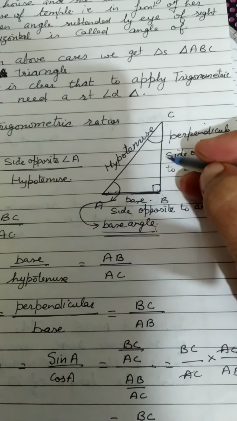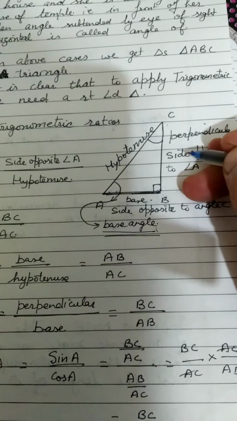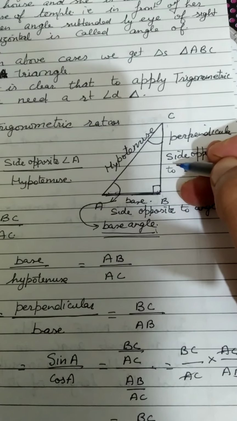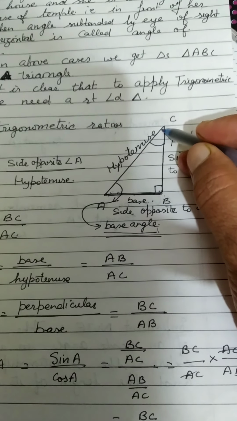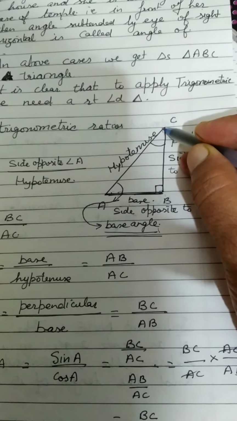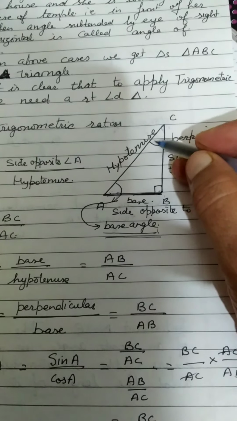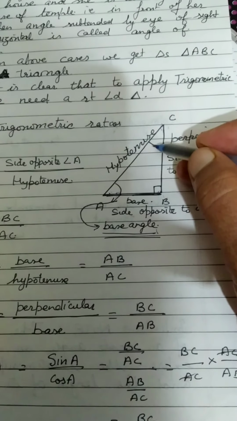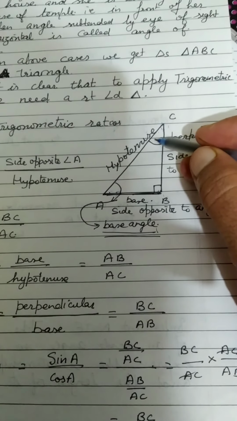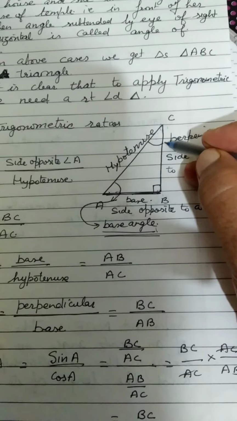Now suppose I am to find sine C, cos C, etc. Then this C will become the base angle and the perpendicular will be in front of the base angle.